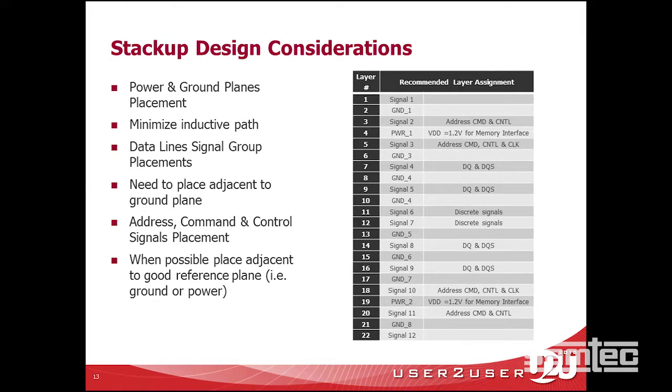If you're going to feed them with vias, vias have inductance, which does change your power characteristics. And then you have to understand what needs to be next to a ground plane, what needs to be next to a power plane. And I think most of us know you don't mix those.